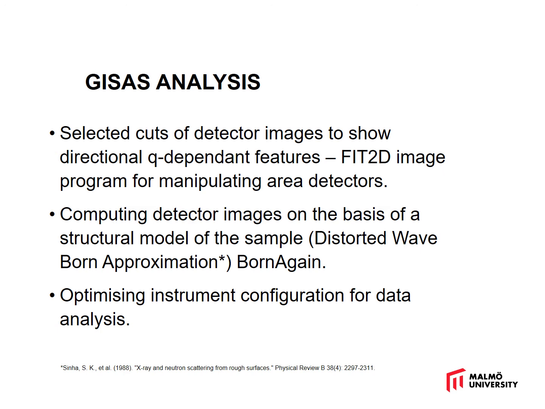We'll look at computing detector images and comparing them with the actual data that we have on the basis of the distorted wave Born approximation. If you really like maths, there's a reference for you. The software that's used for this is called BornAgain, for obvious reasons.